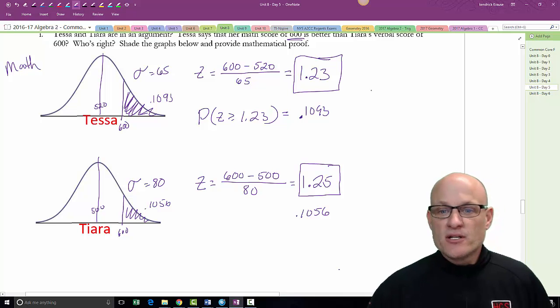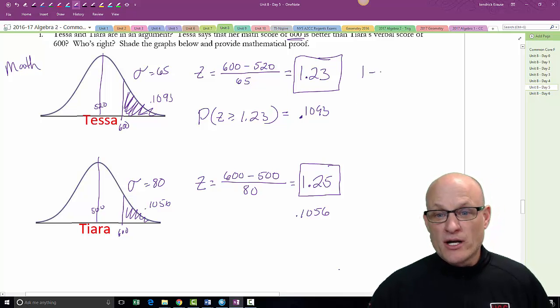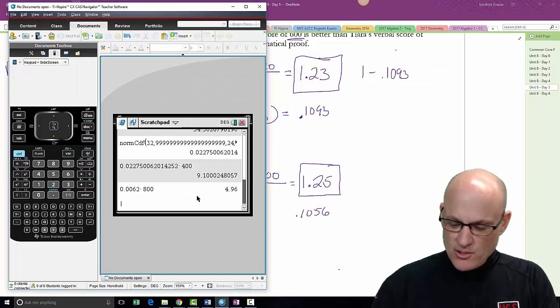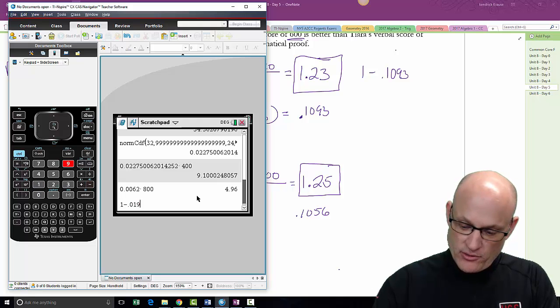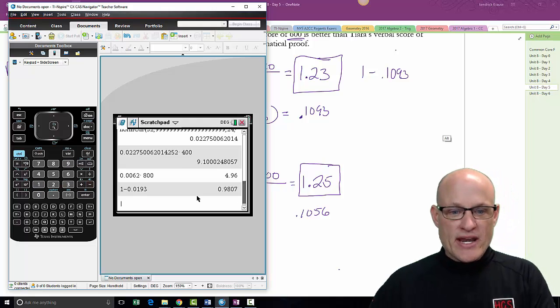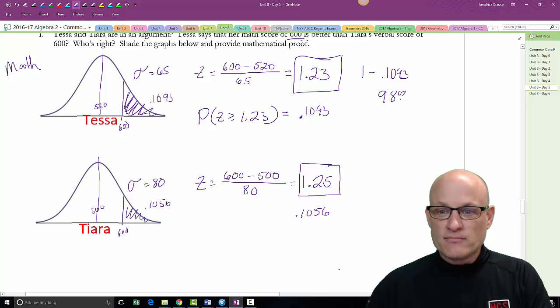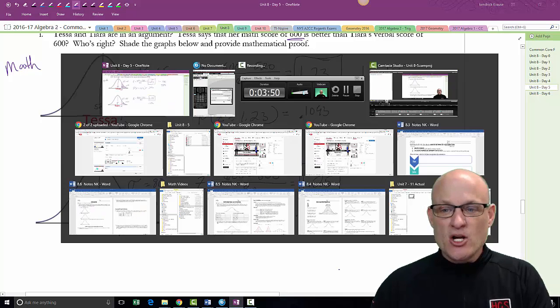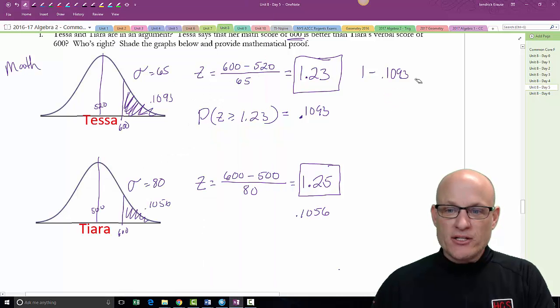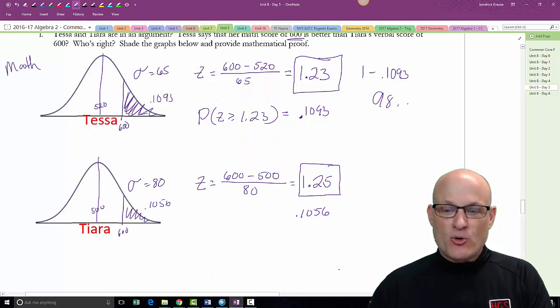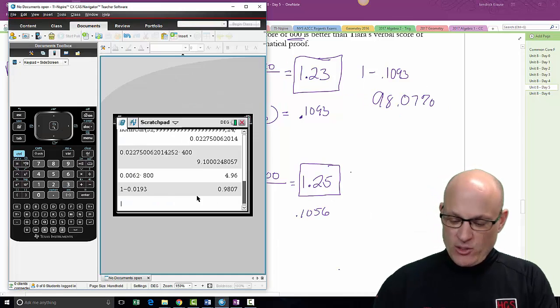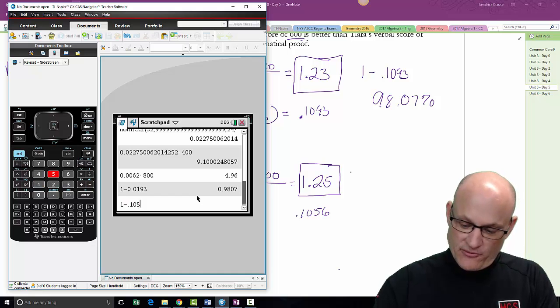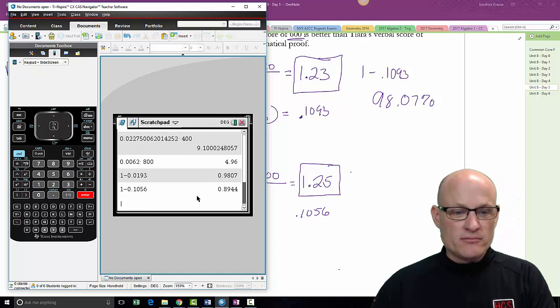So to figure out what percent she beat, we're going to take 1 minus 0.1093. And she scored in the 98th percentile. Oh, wait a second. We better be a little bit more accurate. Oh, yeah, okay.